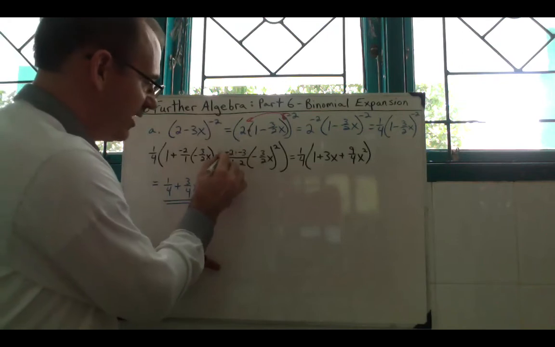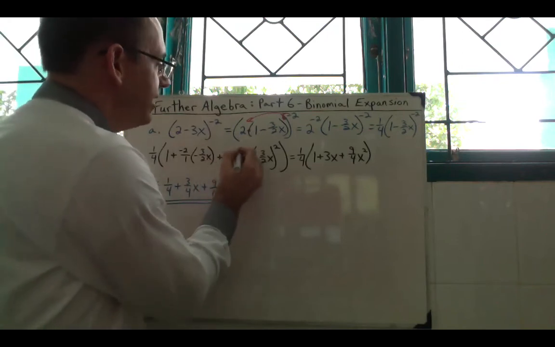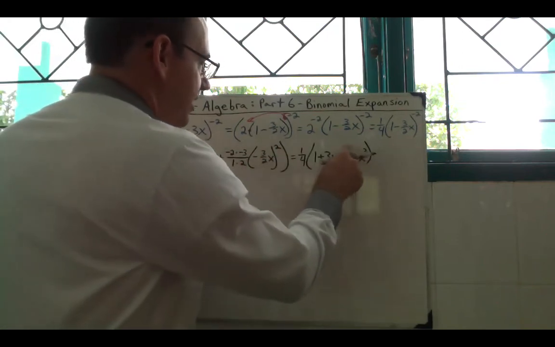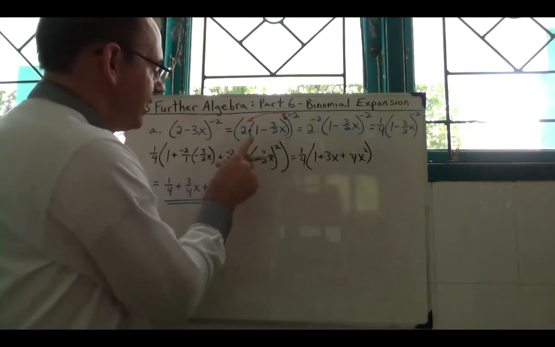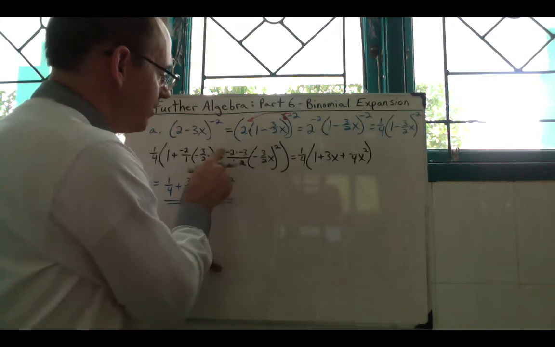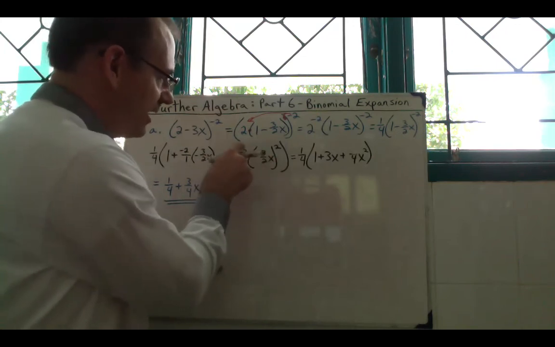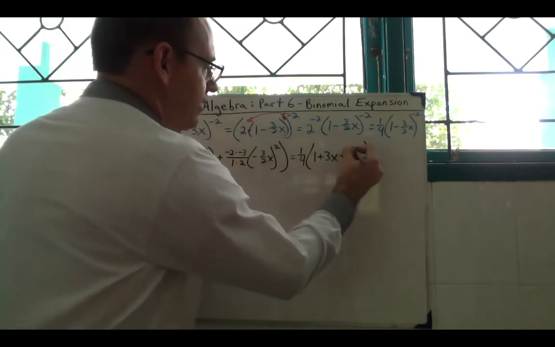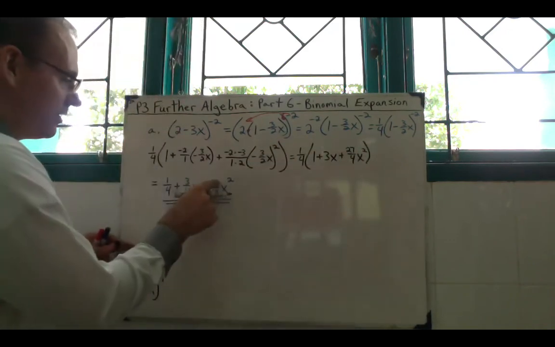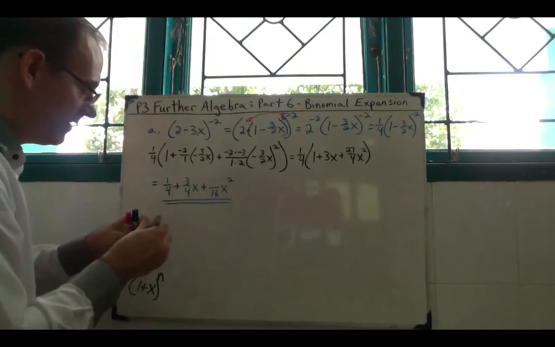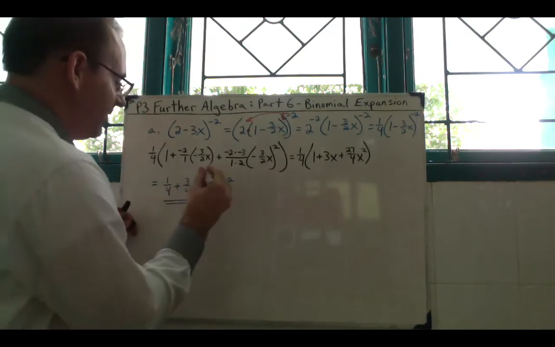Negative 2 times negative 3, which means this then, the 2's cancel, 3 squared is 9. These 2's cancel. 3 squared is 9 times 3 is 27 over 2 squared is 4. And so this should be 27 over 16ths.